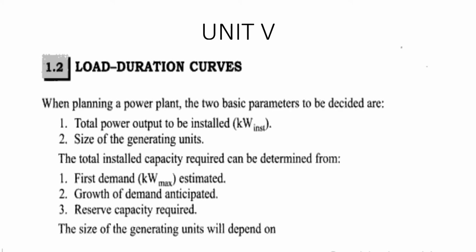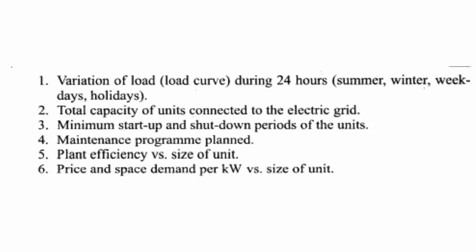And we have to consider the reserve. For any power plant, we have to have some surplus power generation. That also has to be considered. So by considering these three, we will decide the capacity of the power plant to be installed. That is the demand, the anticipated growth of the demand, and the surplus reserve capacity of the plant required.